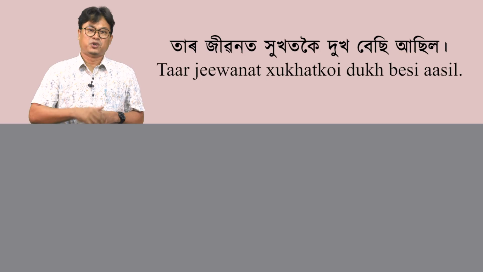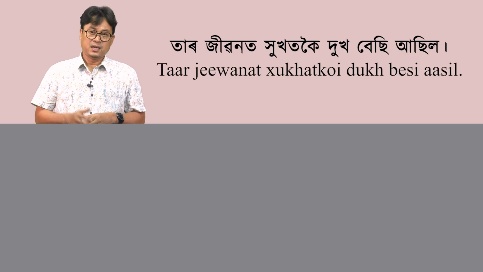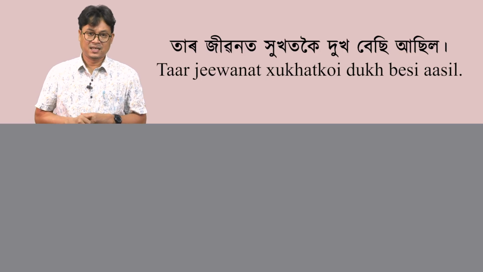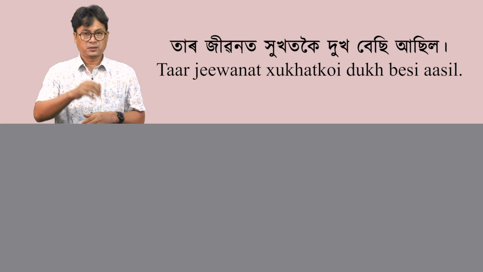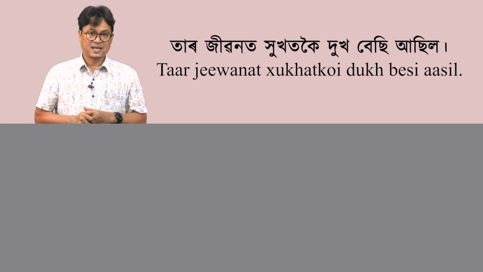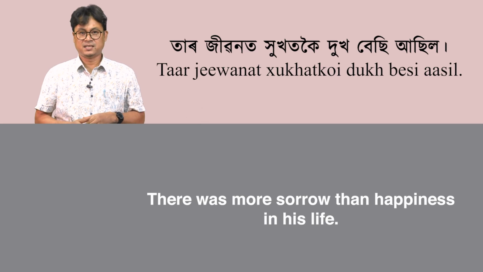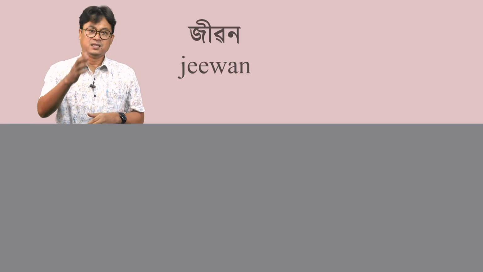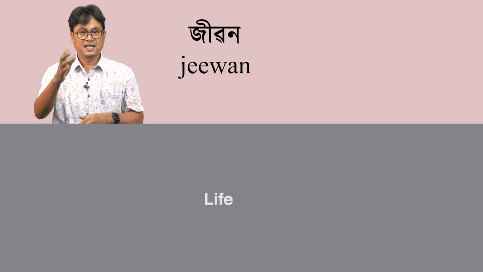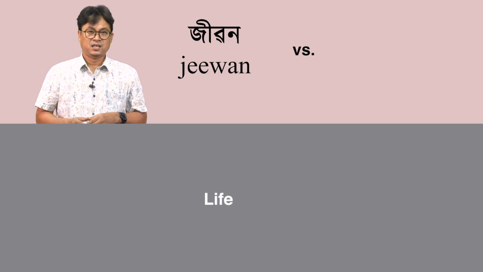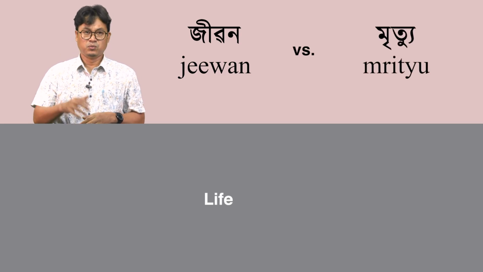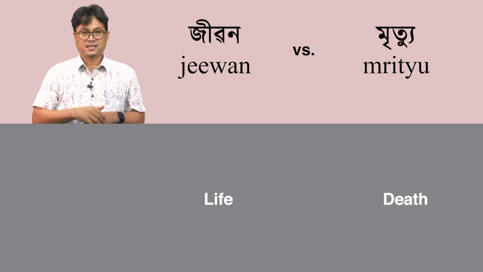We can use these two opposites in the sentence তাৰ জীৱনত সুখতকৈ দুখ বেছি আছিল. That means there was more sorrow than happiness in his life. Another important pair is জীবন means life versus mrittu. Mrittu means death.